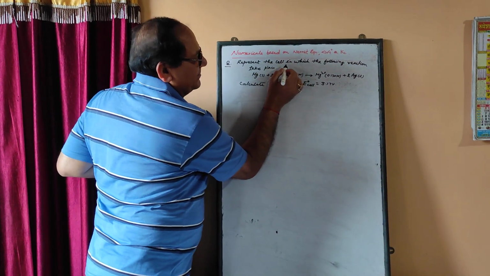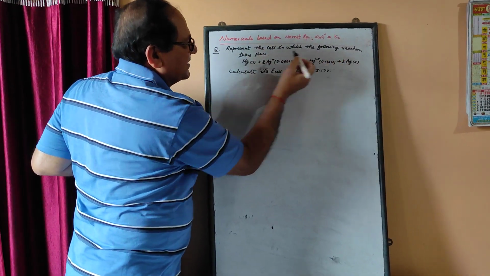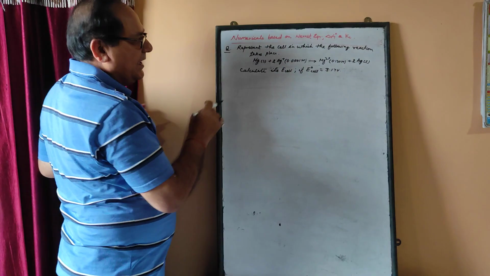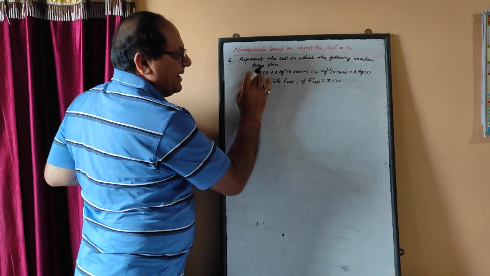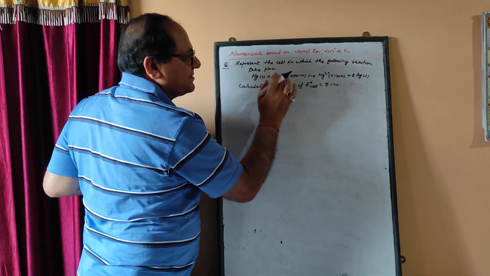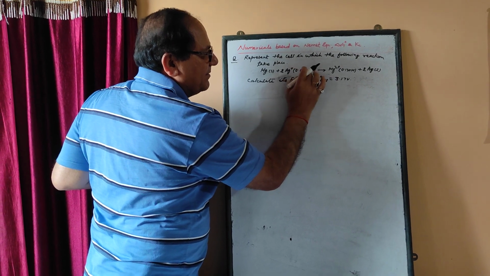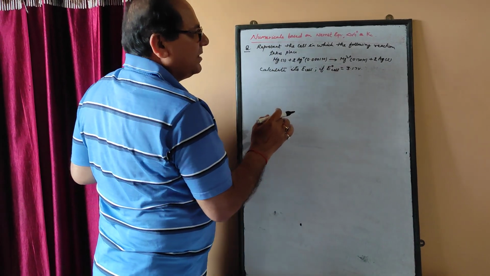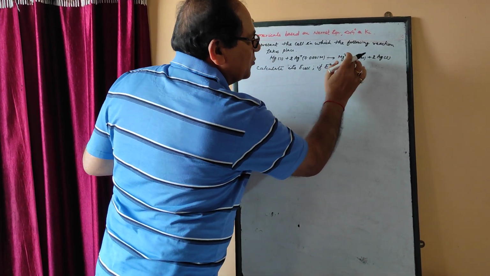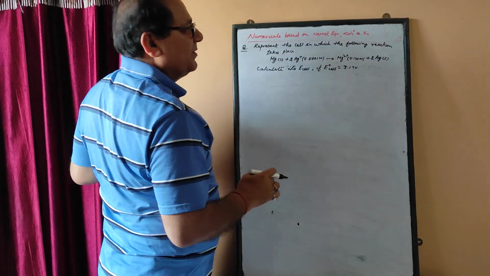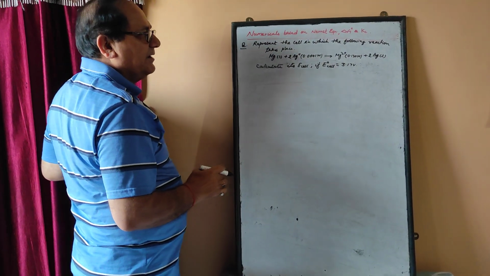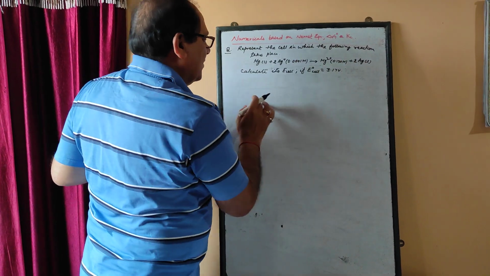Represent the cell in which the following reaction takes place. The cell reaction is Mg solid plus 2Ag plus, with concentration 0.0001 M, giving Mg2 plus, with concentration 0.130 M, plus 2Ag solid.